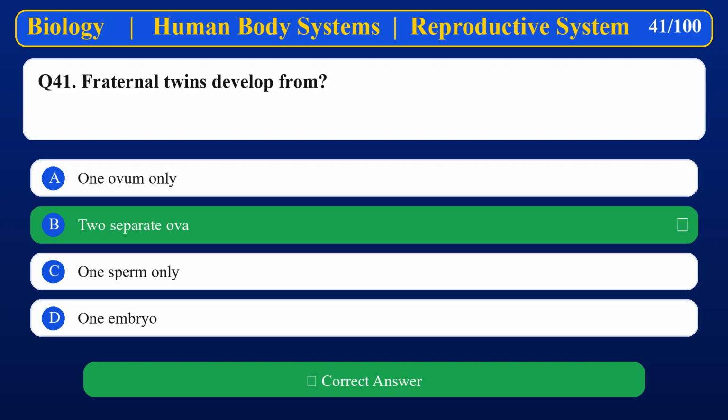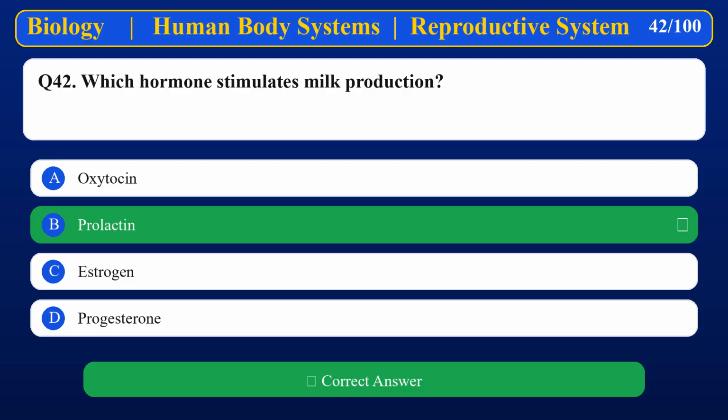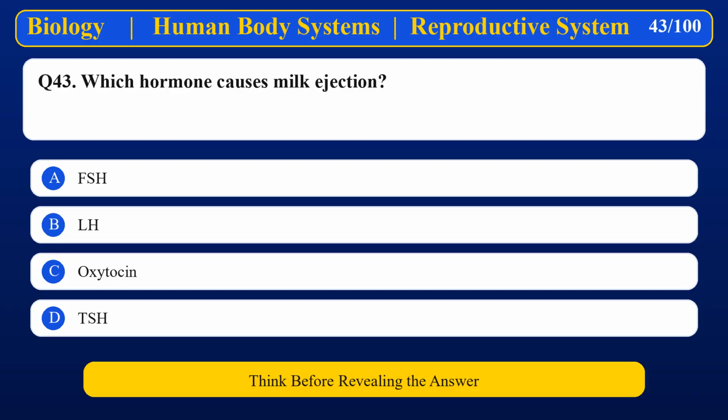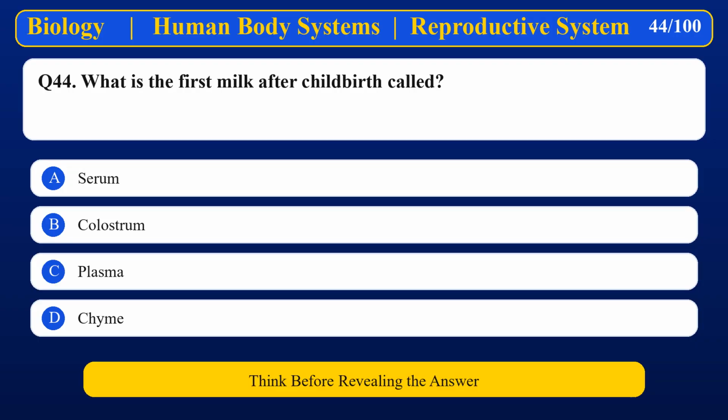Fraternal twins develop from? Two separate ova. Which hormone stimulates milk production? Prolactin. Which hormone causes milk ejection? Oxytocin. What is the first milk after childbirth called?